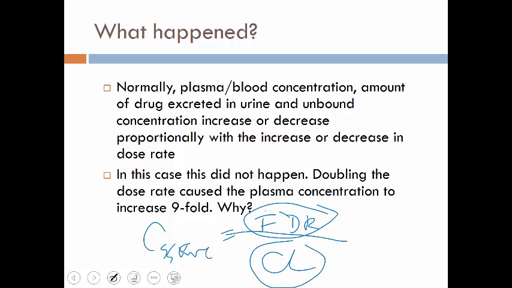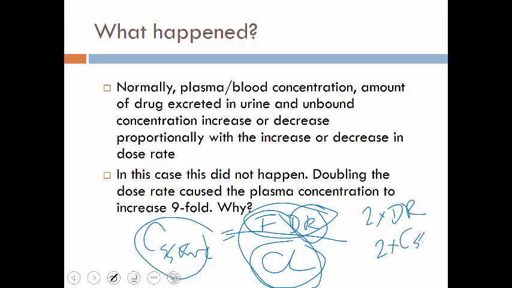And we know that if bioavailability and clearance remain constant, which they should in normal circumstances, then our dose rate and CSS average are going to be proportional, which is why the physician thought if they double the dose rate, you're going to have double the CSS average, and that is usually what occurs.